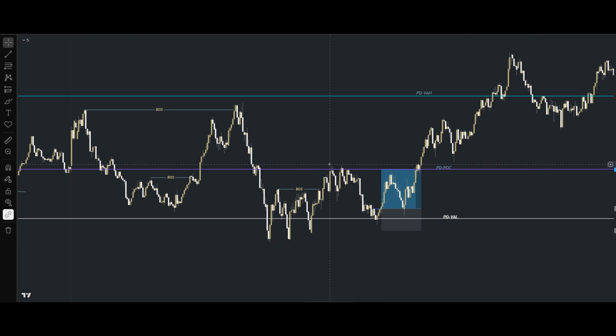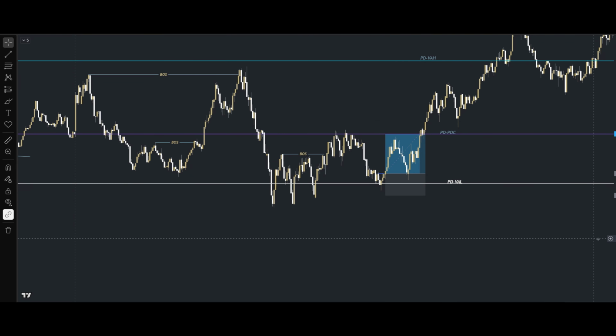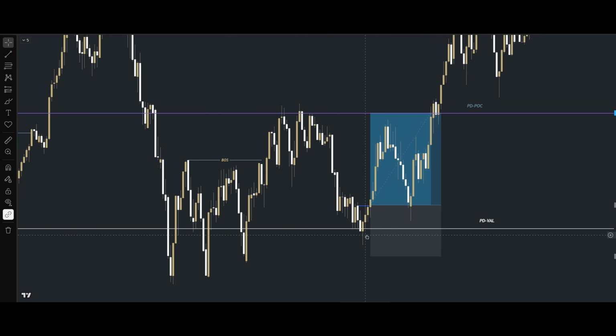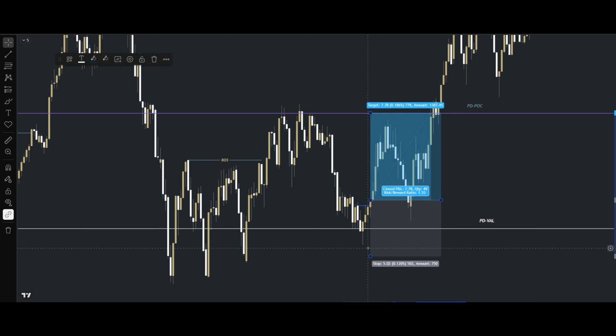So we had another breakup structure towards the upside, respects the point of control, comes down, taps into the previous day's value area low, strong wick rejection. We have a little tiny change in state of delivery. You can enter there, or you can enter up here, right? Stop loss either under that little low that's under the VAL, or just keep it like right here.